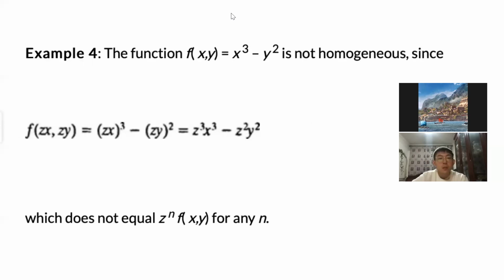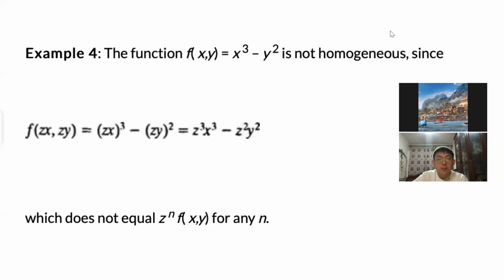Example 4, the function f(x,y) equal to x to the power of 3 minus y to the power of 2 is not homogeneous because if we multiply z with x and y, we get z x to the power of 3 minus z multiplied by y to the power of 2.